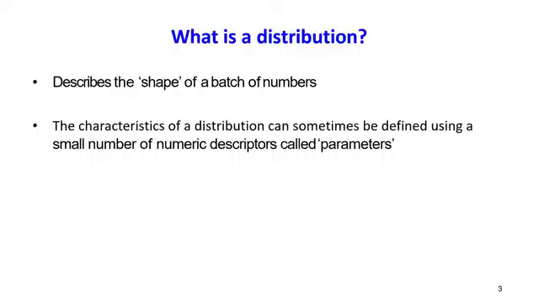Now, when I'm randomly picking observations or values from a particular population, that selection of values may follow a certain kind of distribution, certain probabilities.